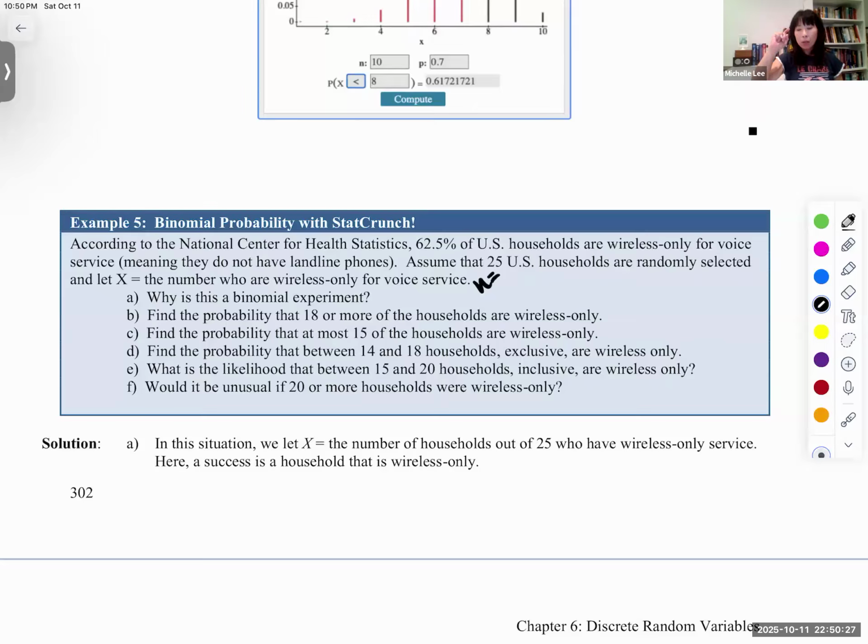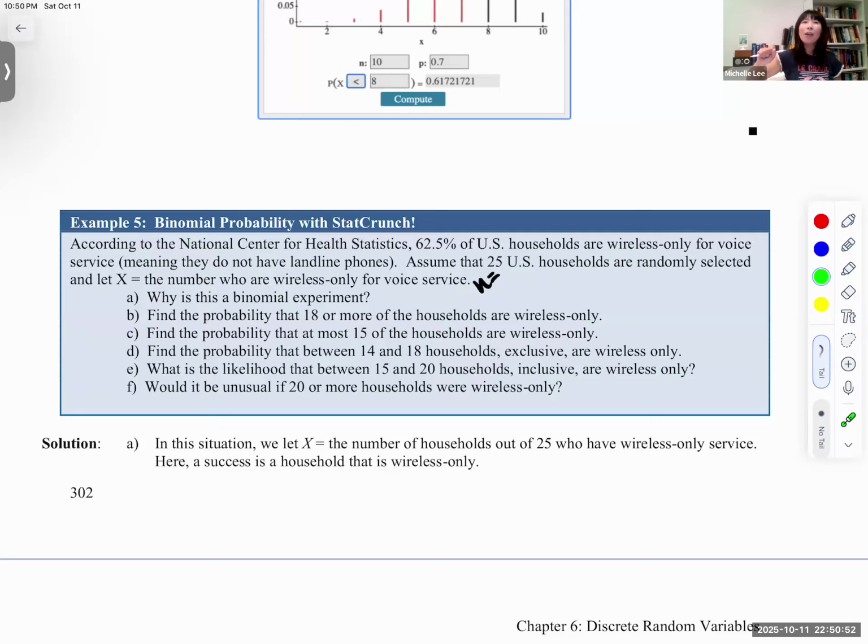And what is number four? It's independent. Is it independent? Yes, it's independent because they said randomly selected. Only 25 out of more than 8 billion, right? Okay, from now on, we can say that it's independent.